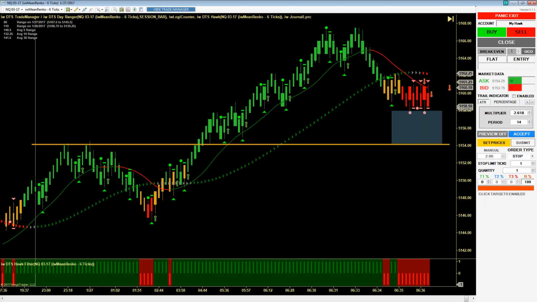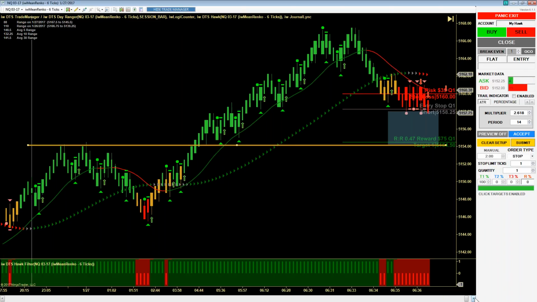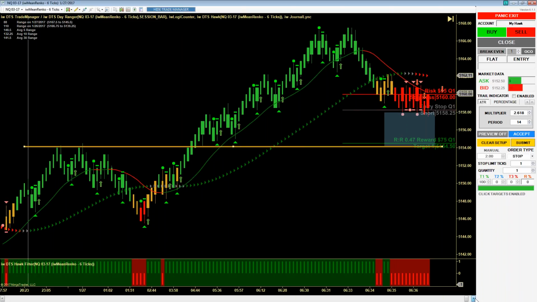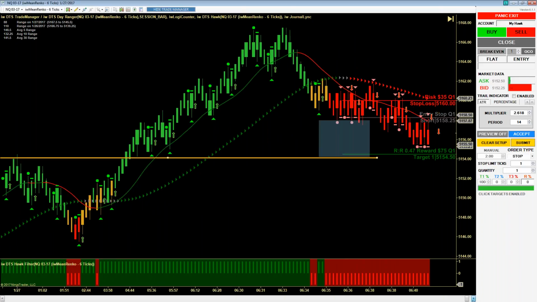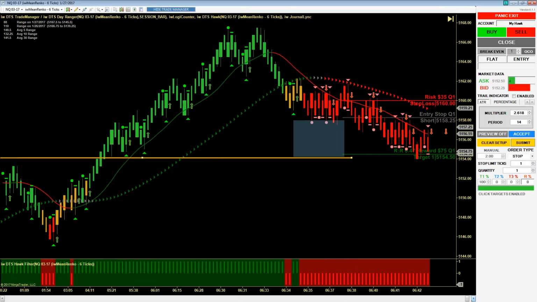Let's put it like that. So here's my entry, here's my stop loss, here's my profit objective. Okay, I've got my 2-to-1 risk reward. And I'll admit, on paper, this makes sense. But in reality, the market brings you in, it stops you out, and then goes on eventually to your profit target without you.